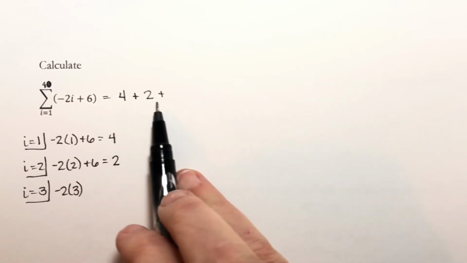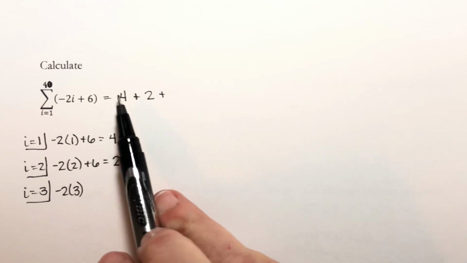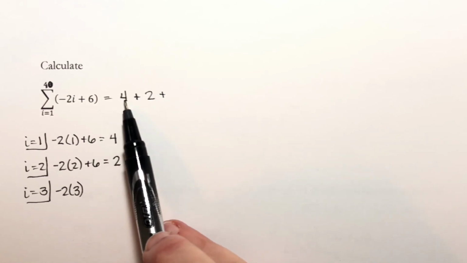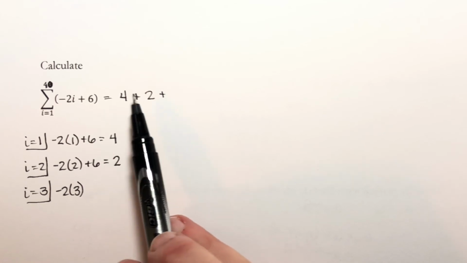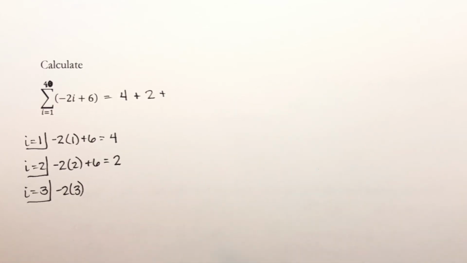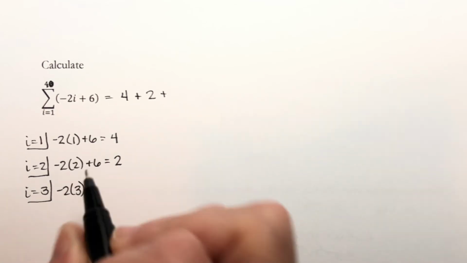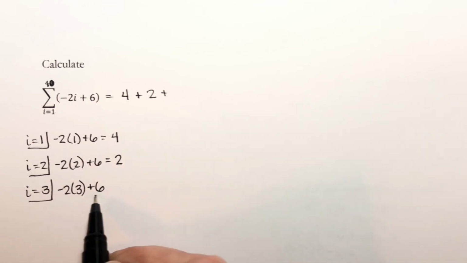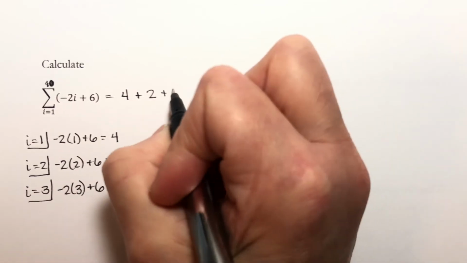You always want to go out several terms, because right here I could be subtracting 2 every time. Maybe I'm actually dividing this by 2 every time. You need several terms before you can establish the pattern for sure. So this would be negative 2 times 3 plus 6. Negative 6 plus 6 is 0.